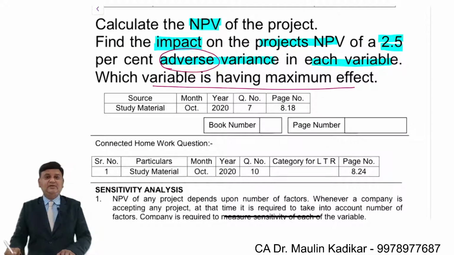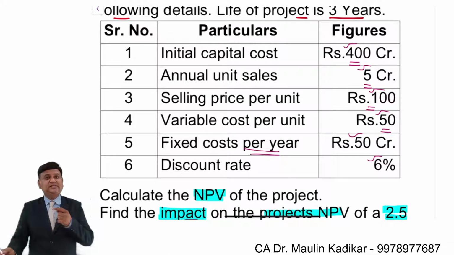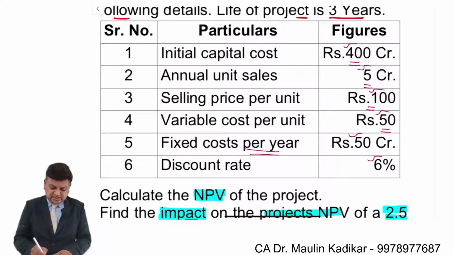What does the term adverse mean? Unfavorable. So what will be the effect of unfavorable individual change on NPV of the project is required to be identified by us. Now when I say that it is unfavorable or adverse, it means that the initial investment increases is unfavorable.